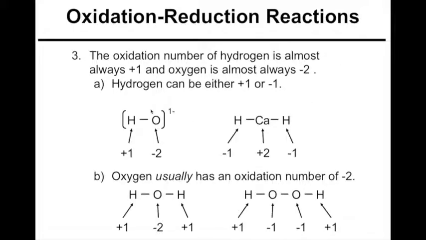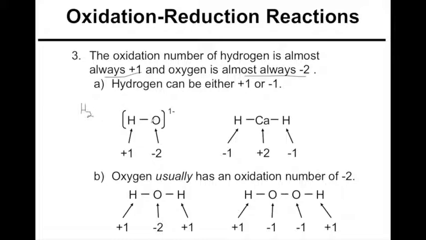The third one deals with hydrogen and oxygen. Hydrogen's oxidation number is almost always +1, and oxygen's oxidation number is almost always -2. So 90% of the time that's the case. The only exception for hydrogen is when it's in its elemental form. If you have, say, H2 all by itself, that would have an oxidation number of 0.